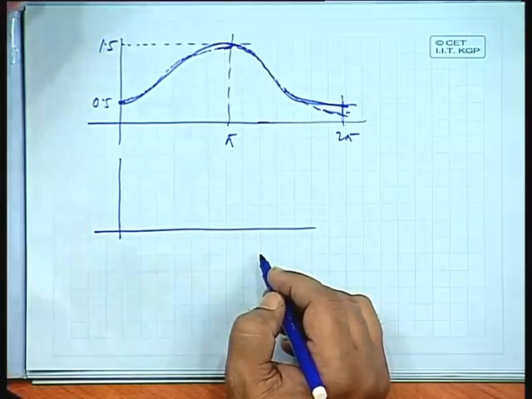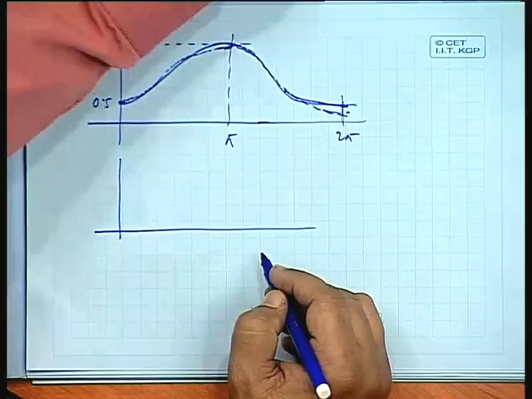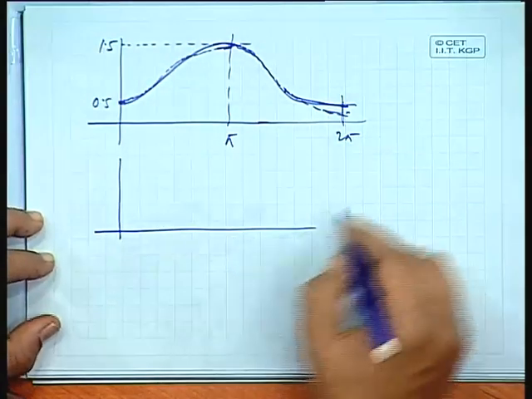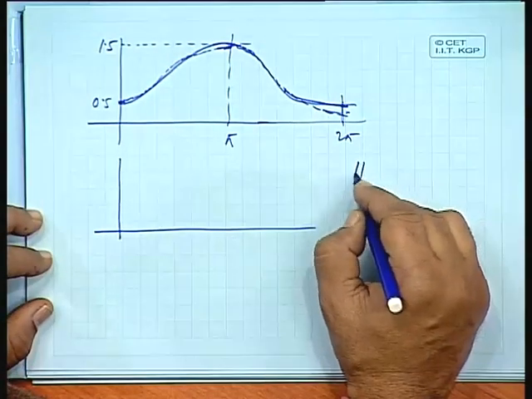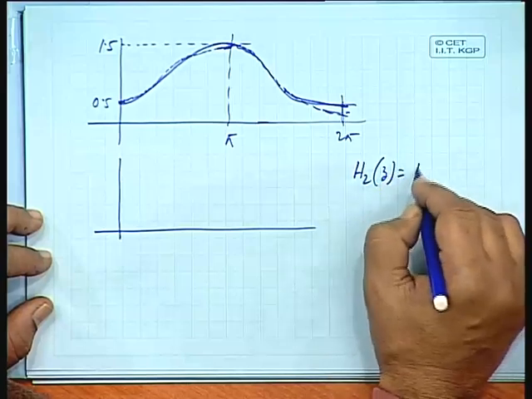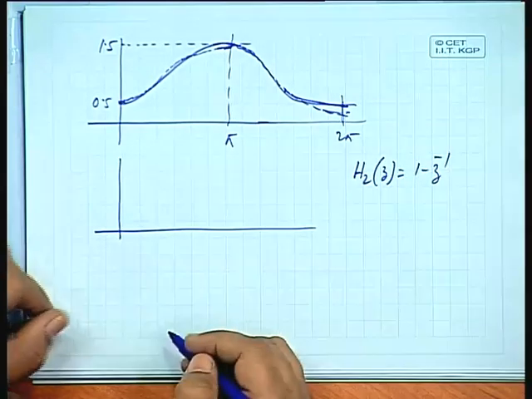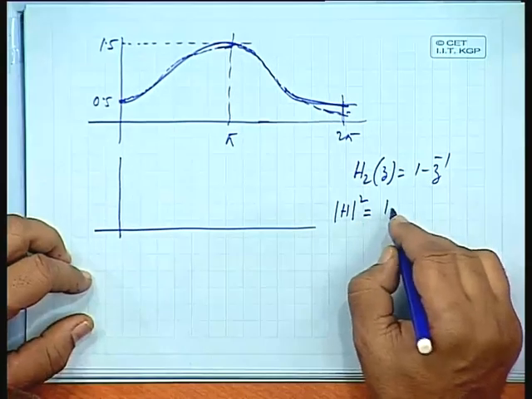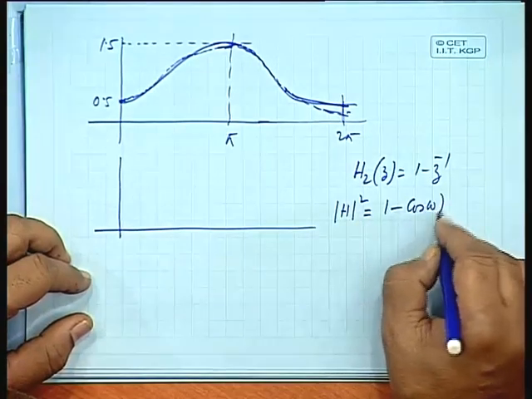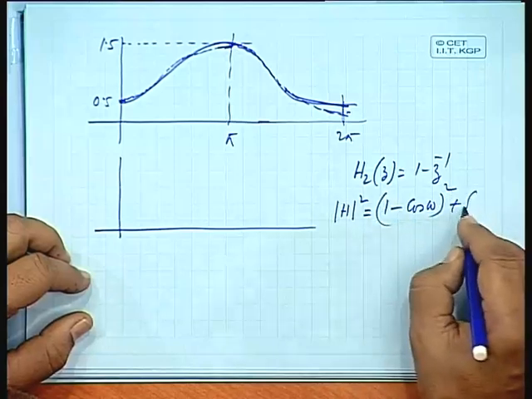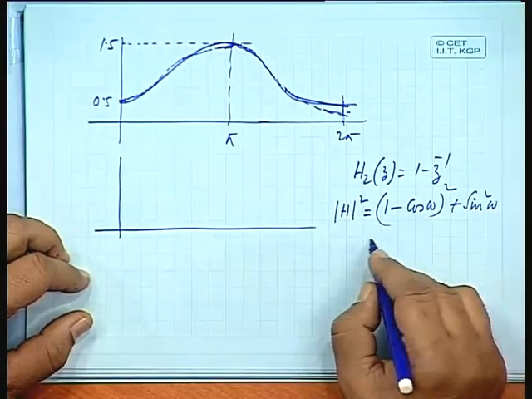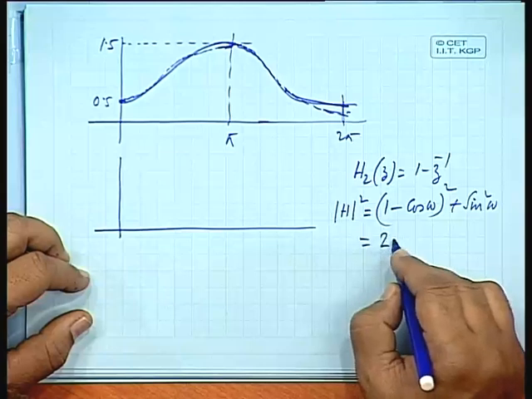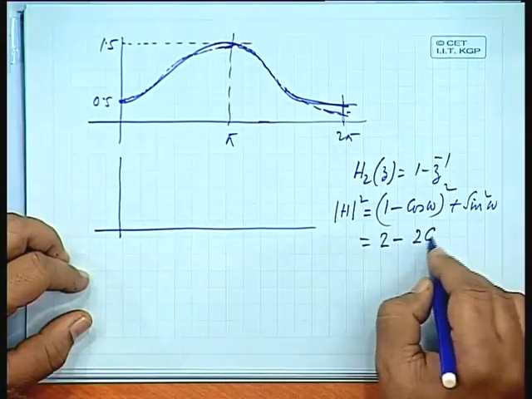Next, suppose we have, okay, let us take another function H2(z) equal to 1 minus z inverse. What is it? 1 minus z inverse, how much is |H| squared? (1 minus cosine ω) squared plus sin squared ω, that gives me 2 minus 2 cosine ω.